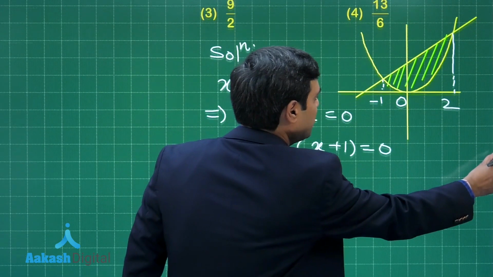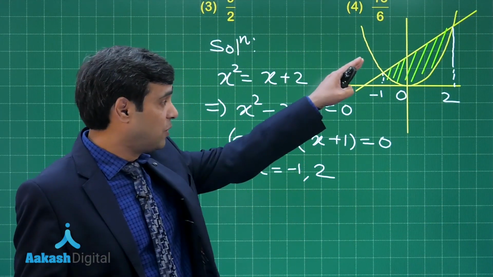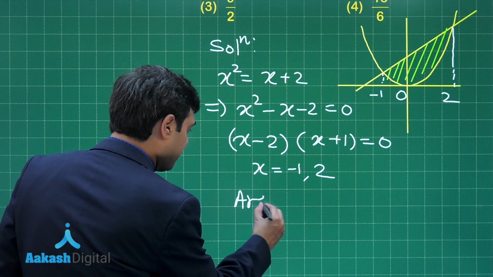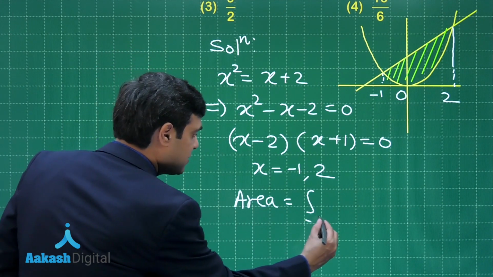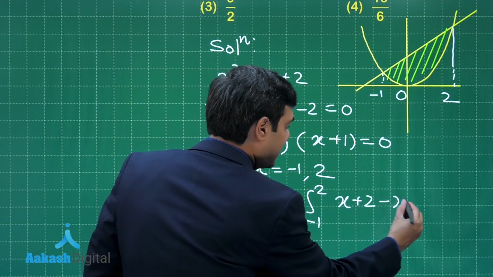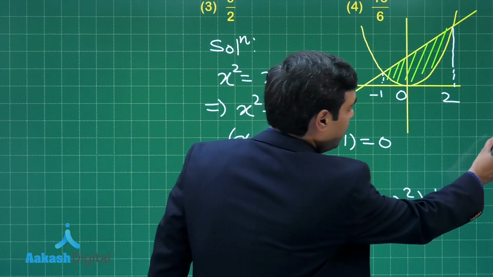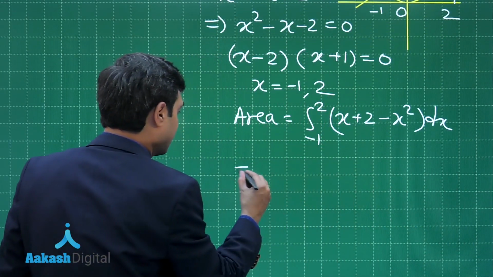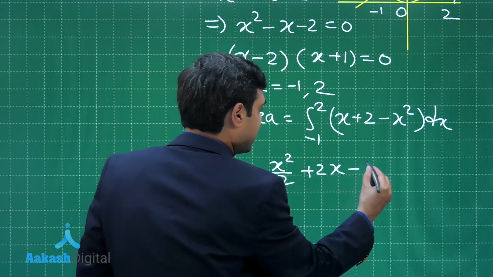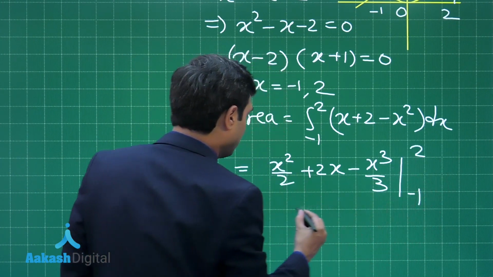So simply we need to integrate now within the boundaries of minus 1 to 2, first the line minus the parabola. So the required area is the integral from minus 1 to 2 of (x + 2 − x²) dx, right? Now integrate it, so we are getting the result as x²/2 + 2x − x³/3 from minus 1 to 2.